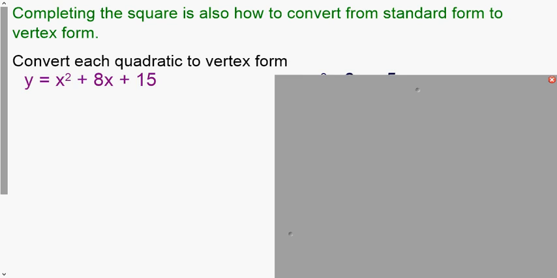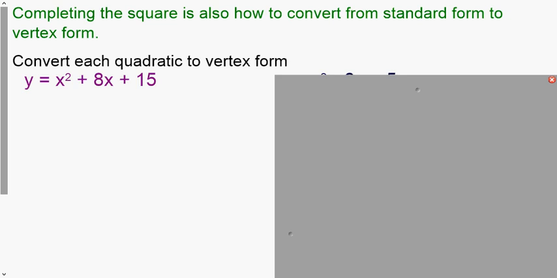And we also mentioned that when you are factoring, you're actually converting from standard form to intercept form. And I intentionally didn't say anything about vertex form because I knew we weren't going to get to it till this chapter. But now we are. The process is very similar.